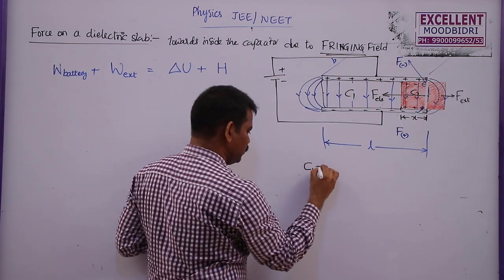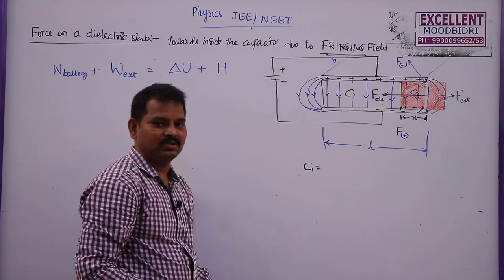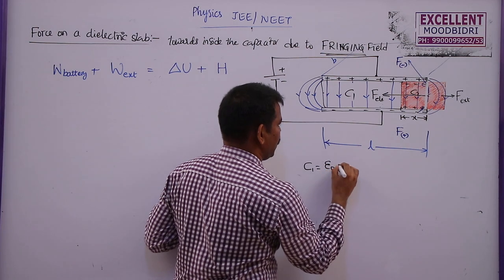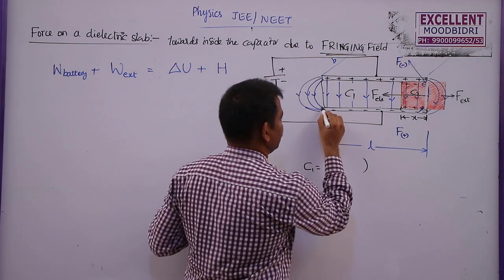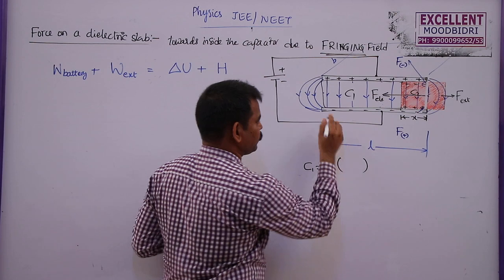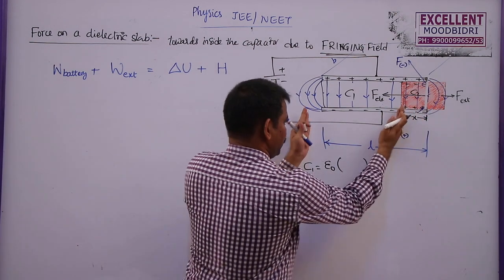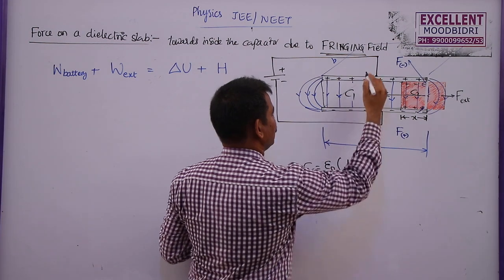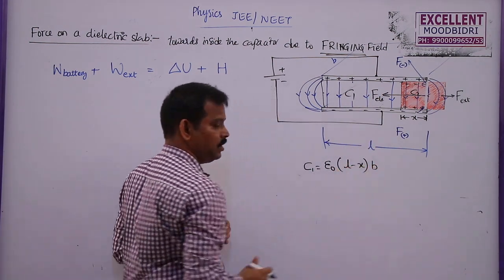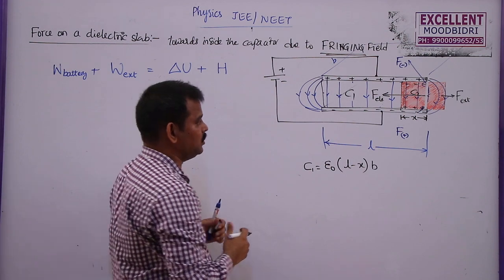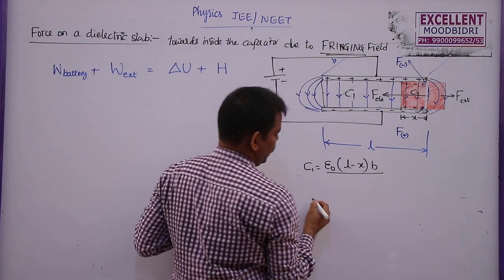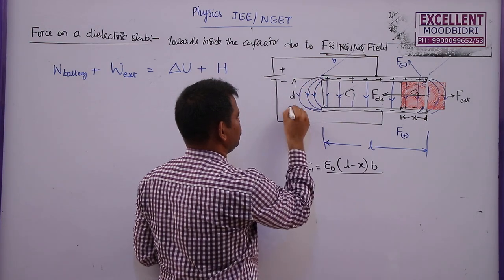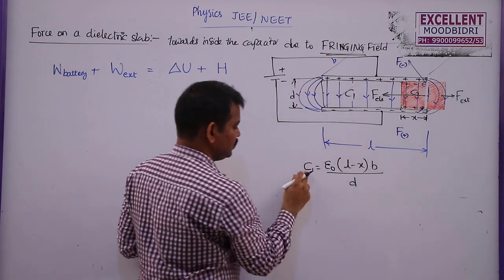So what is C1? C1 is the capacitance between two plates which is filled with air. So this will be epsilon naught times the area of this plate. The length is L from here to here, but I need only this length, which will be L minus x, and the width of this plate is B. So this is the area of the capacitor between two plates, divided by the distance between these two plates, let me take it as D. This is C1.